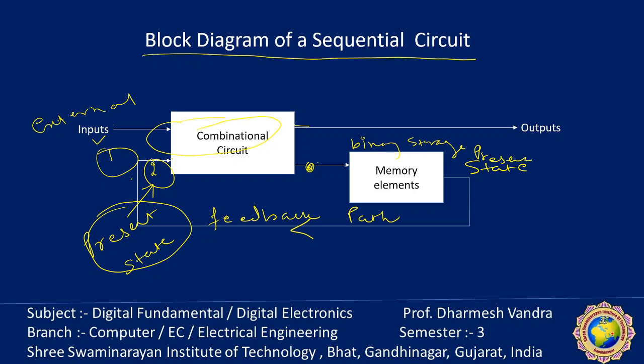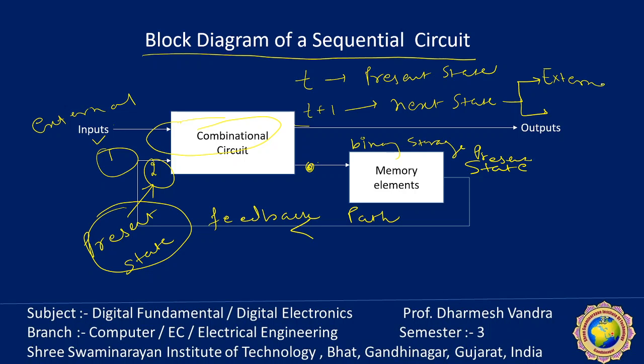If at time t the state is the present state, then at time t plus 1 the memory element holds the next state, and this next state depends on two parameters: the external input, if there are many inputs then the external inputs, and the present state.